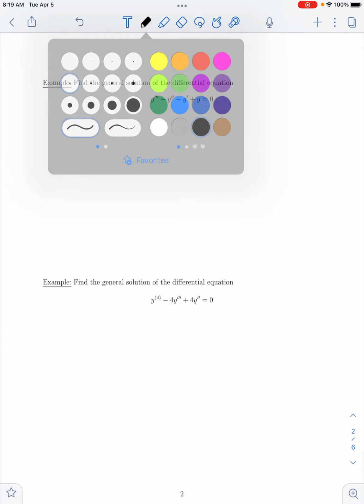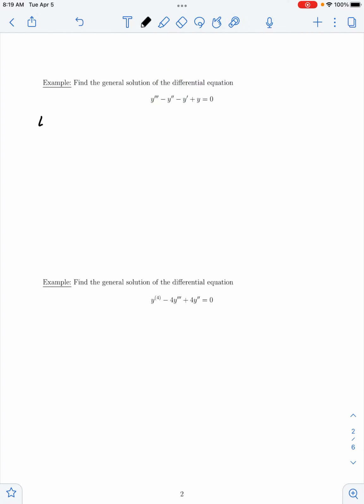So our method for solving is to look for solutions of exponential form, y equals e to the rt power, which means that r would satisfy the characteristic equation r cubed minus r squared minus r plus 1 is equal to 0.